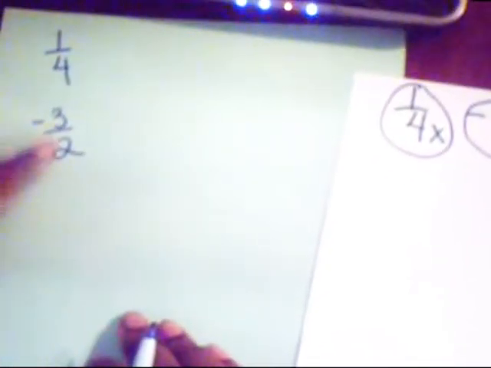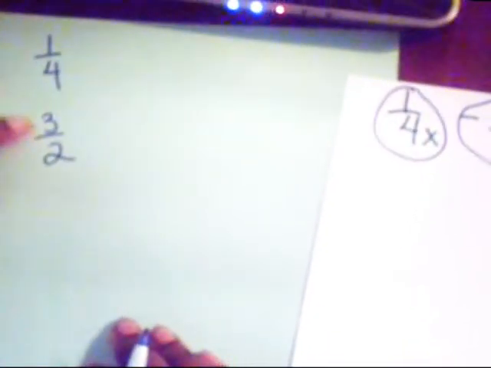Okay? So you've got fourths and you've got seconds. Okay? 4 is bigger than 2. So I think it's better that we take negative 3/2 and turn it into fourths. Okay, so I'm going to write that 1/4 is going to be 1/4 in the end, but negative 3/2 I want to turn into fourths.